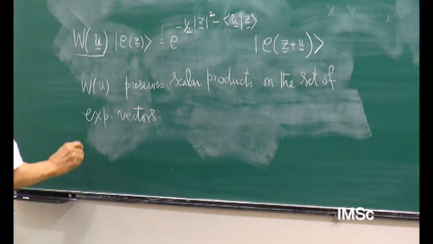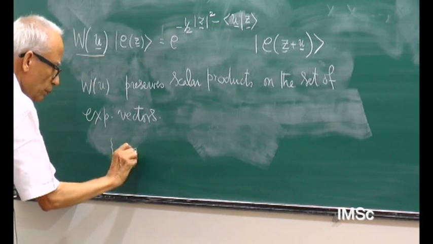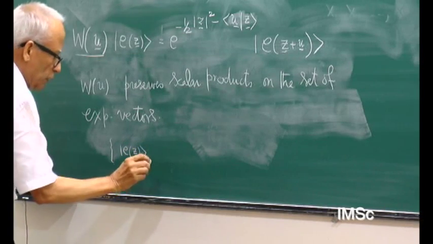And the exponential vectors, the whole family, they are total.